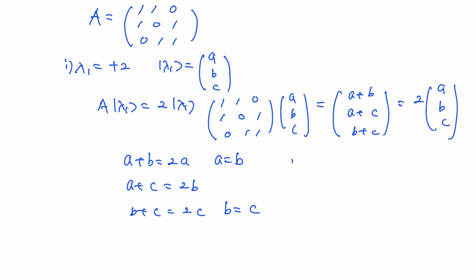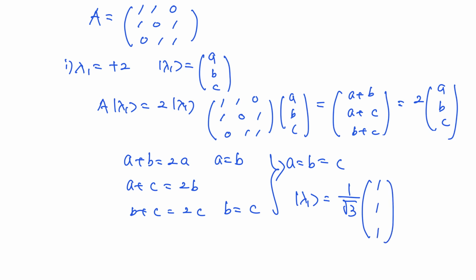So that means A equal to B equal to C. So if you normalize lambda 1, it can be simply square root of 3, 1, 1, 1, right? Such that we like to make lambda 1 is equal to 1. So you normalize this, 1 over square root of 3 times 1, 1, 1.